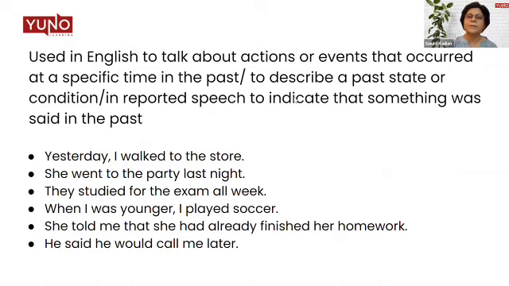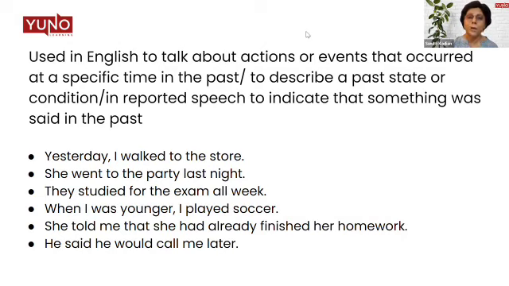Right? So this past tense, as I just told you, is used to talk about past actions and events that occurred at a specific time in the past. If I say my sister has gone, there's no time mentioned. But the moment I mention when, yesterday, in the morning, last week, then I use the past tense.